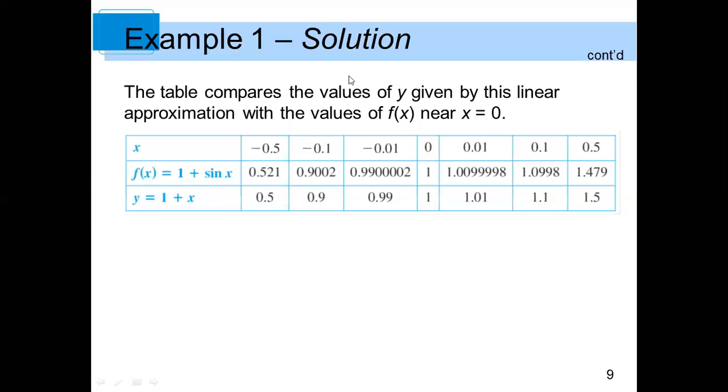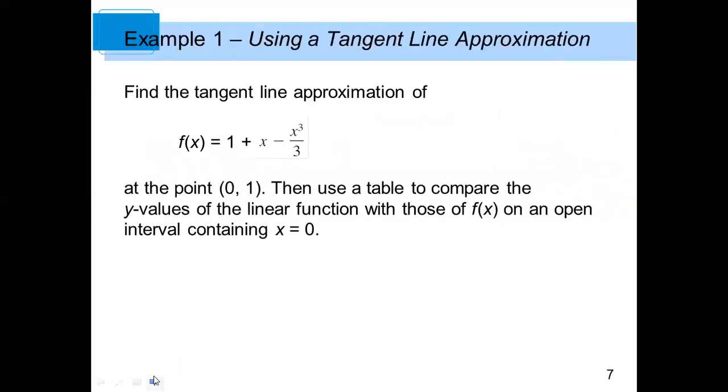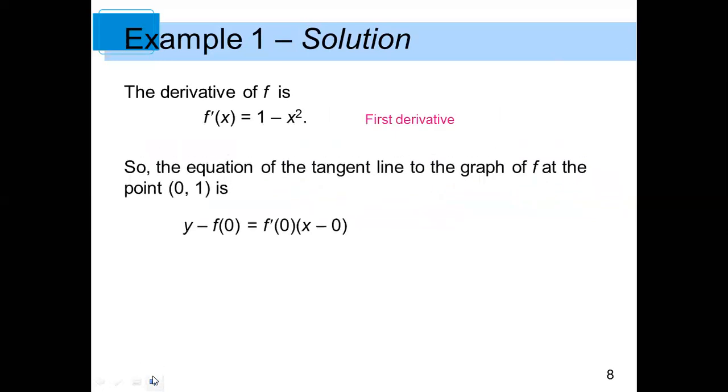So for values of x near the point of tangency, so near 0, the tangent line and, they have the wrong function in there, it is 1 plus x minus x cubed over 3.